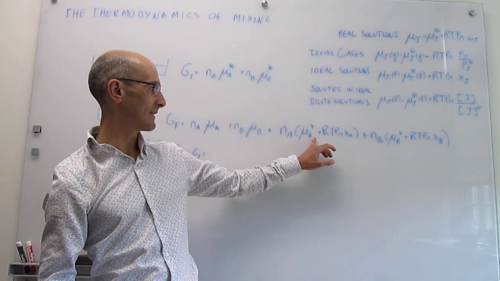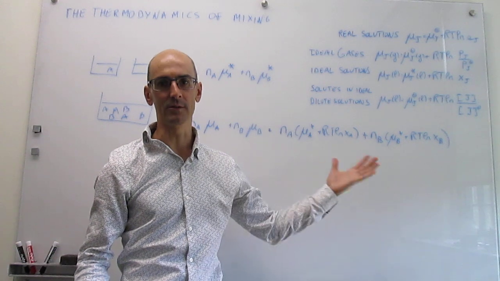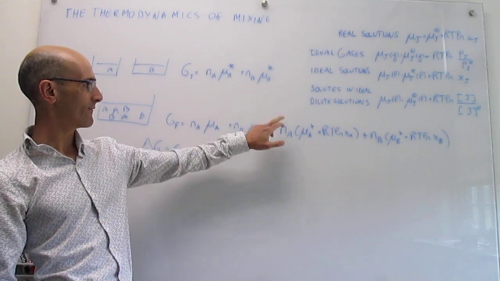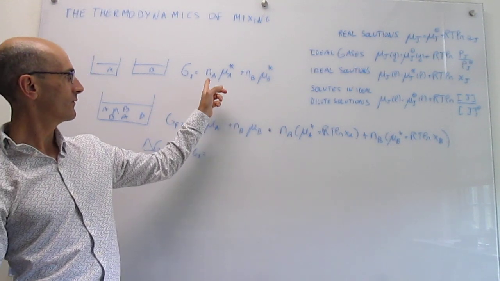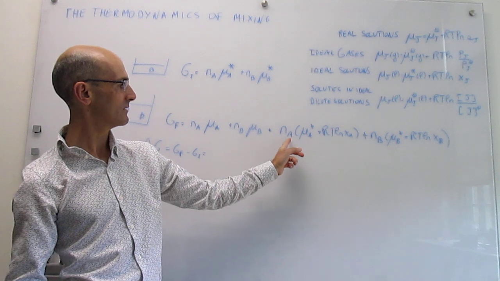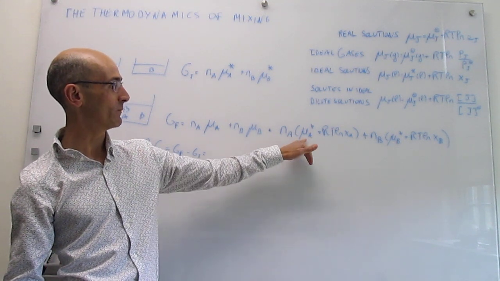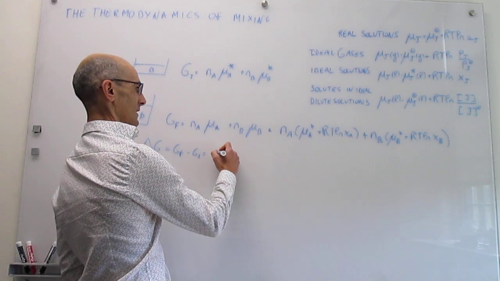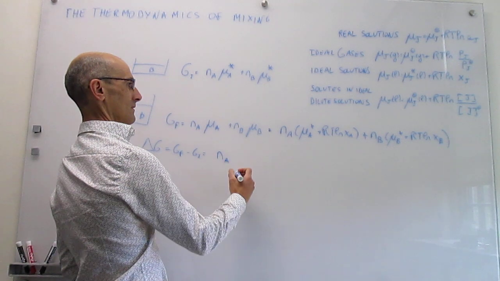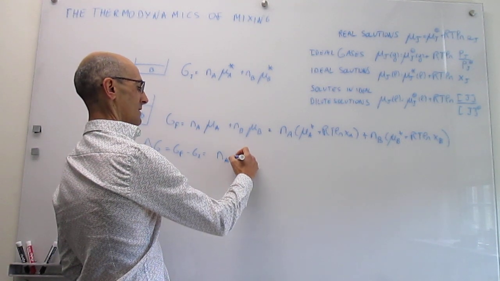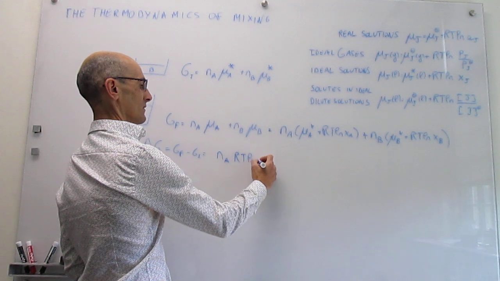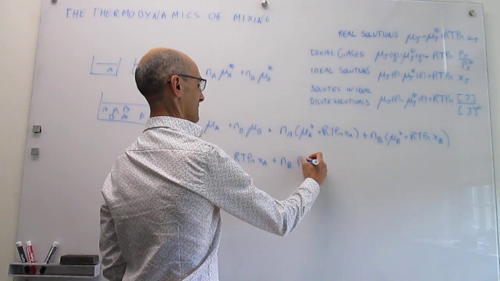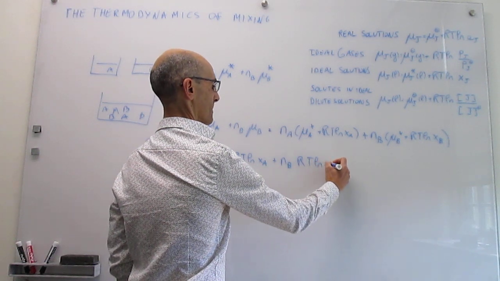I'm omitting here the specification that these are liquids, because obviously this is an ideal solution of liquids. So we subtract these from that, and what we see is that, of course, these chemical potential terms for the pure liquids are going to cancel each other out, and the only thing that remains is N_A times RT natural log of x_A plus N_B RT natural log of x_B.